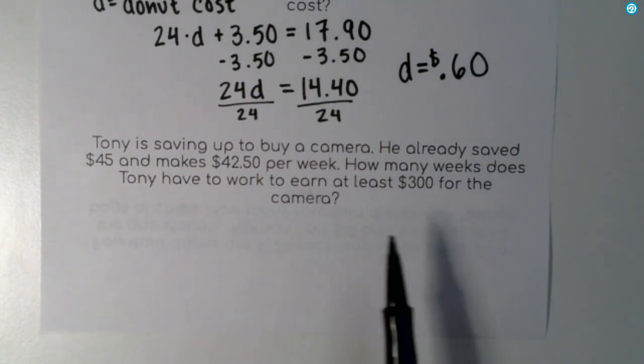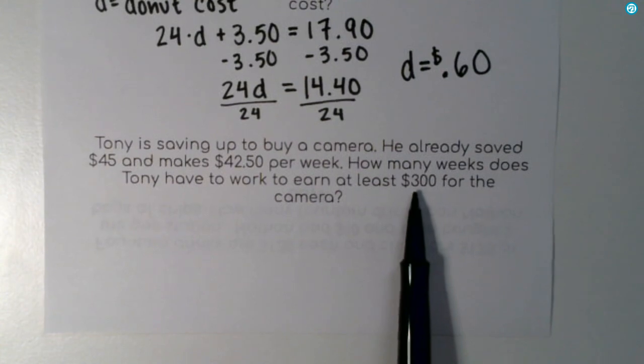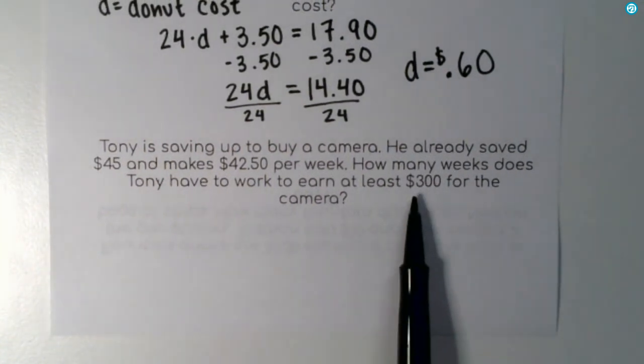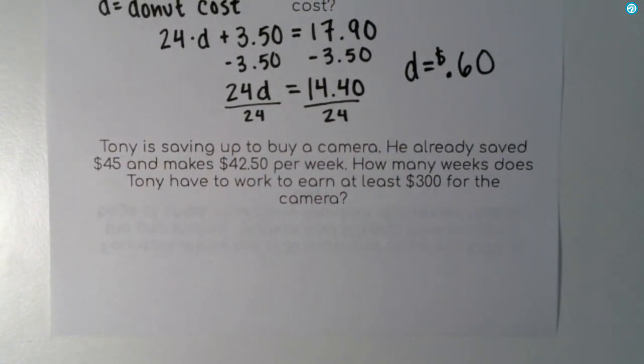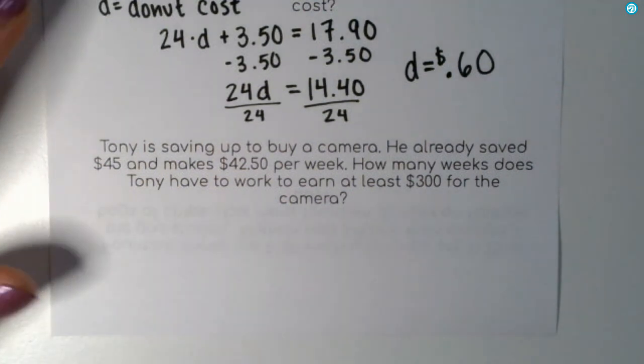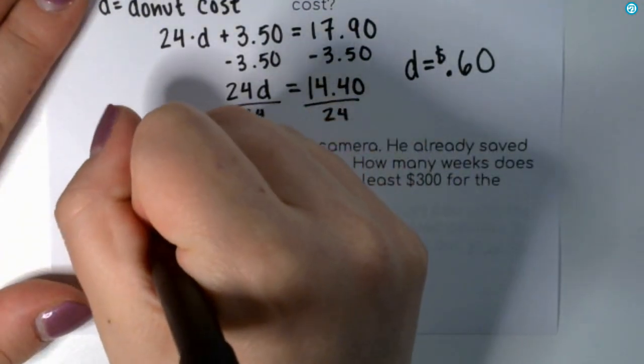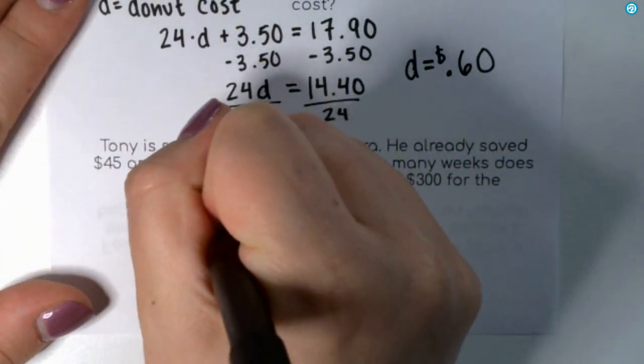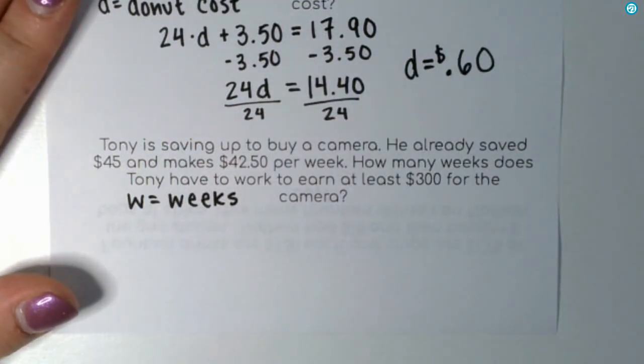So we know that the camera costs $300. We know he needs $300. How many weeks it's going to take him to get that $300? So with that $300, that's going to be our total amount he needs. So we're going to put W equals weeks. That's what we're solving for.